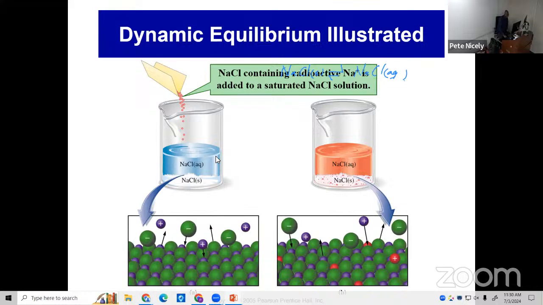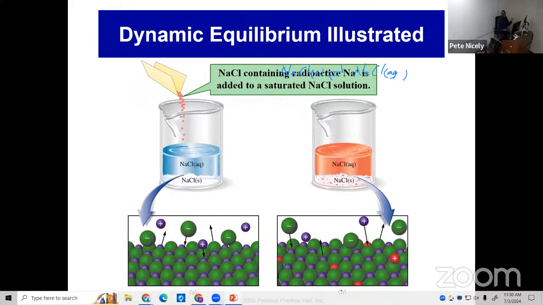eventually is that not only do you have solid sodium chloride that contains radioactive sodium, but eventually the solution itself will contain the radioactive sodium. So what does that tell us? It tells us that there's a back and forth taking place between the solid sodium chloride, right, and the sodium chloride in the aqueous solution, right?